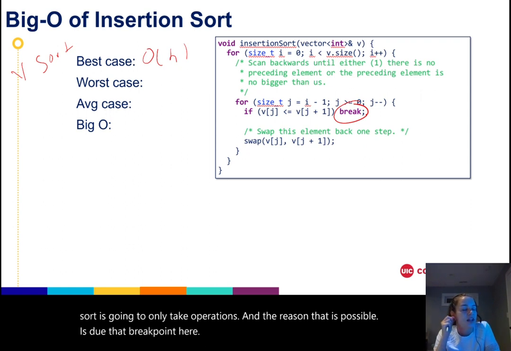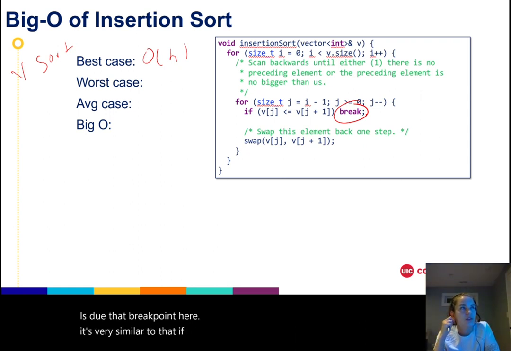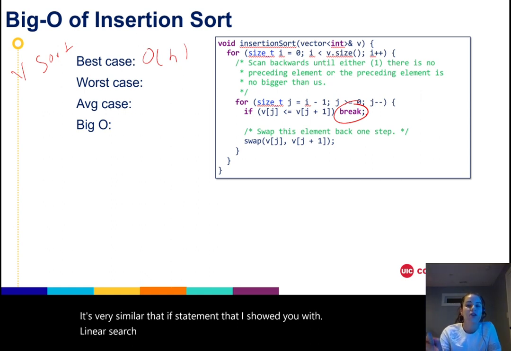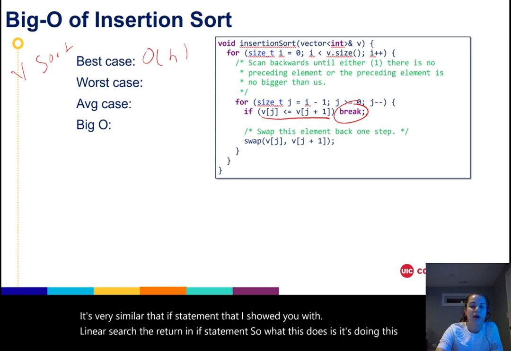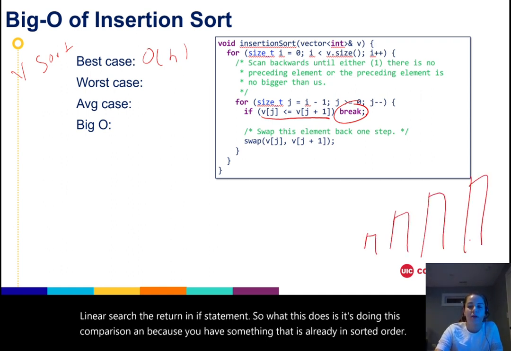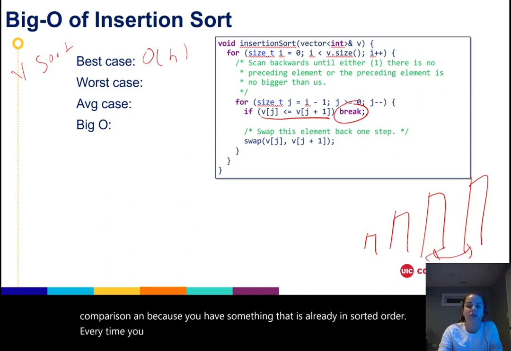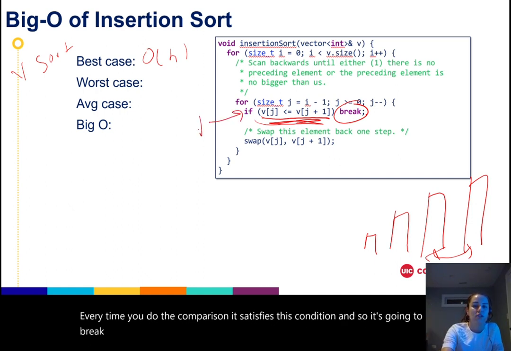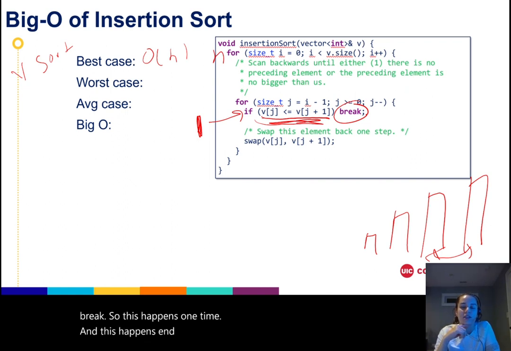It's very similar to the if statement I showed you with linear search, the return in the if statement. What this does is it does this comparison, and because you have something that is already in sorted order, every time you do the comparison it satisfies this condition, and so it's going to break. So this happens 1 time, and this happens n times. So the best case scenario is O of n.